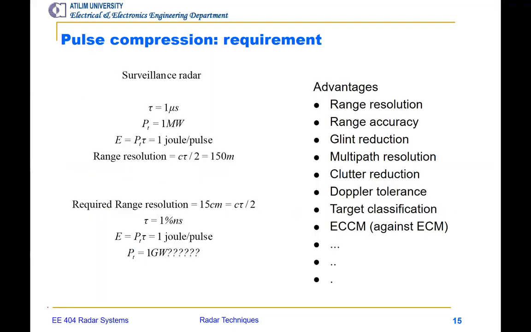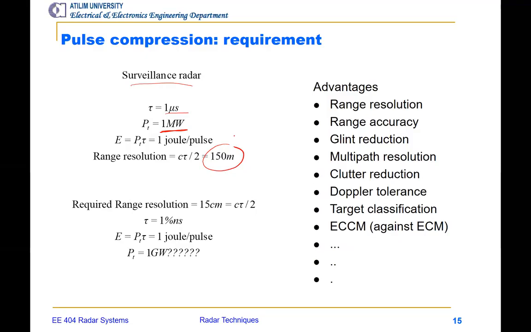Okay, let's see an example for a surveillance radar. Pulse width is 1 microsecond. The peak power is 1 megawatt. Then the energy per pulse will be 1 joule, and we got a resolution of 150 meters.